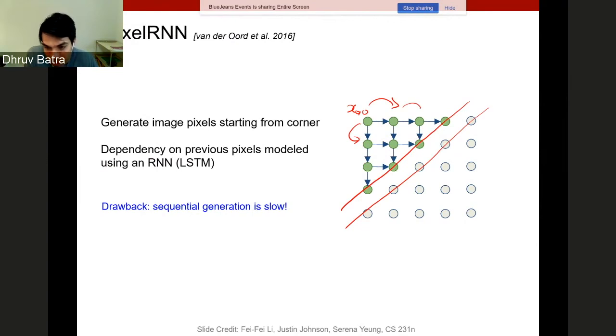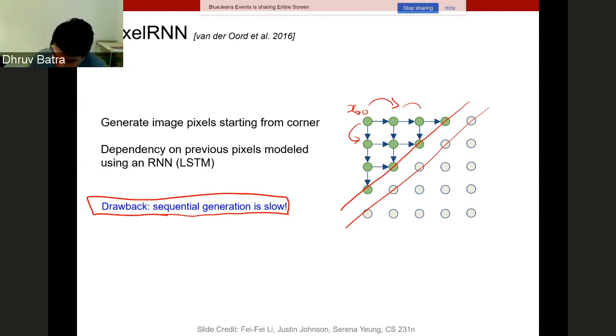Since we are estimating each pixel at a time, isn't this computationally slow? Yes, excellent question. Yes, this is very slow. This sequential generation, the generation is slow, and even the training is slow, because at training time, you have to do probability of x r comma c conditioned on the pixels that came before it in that ordering.